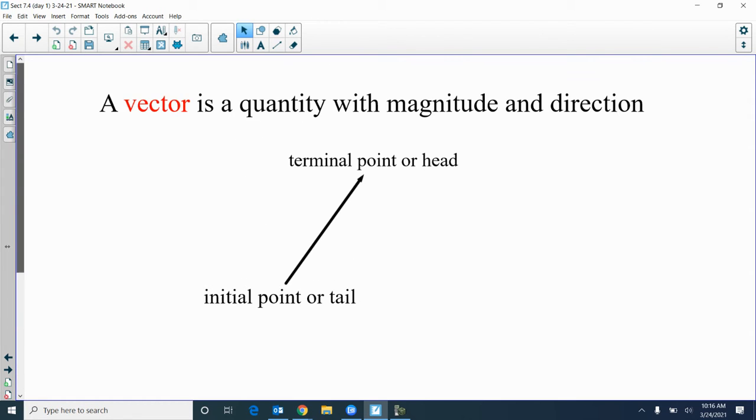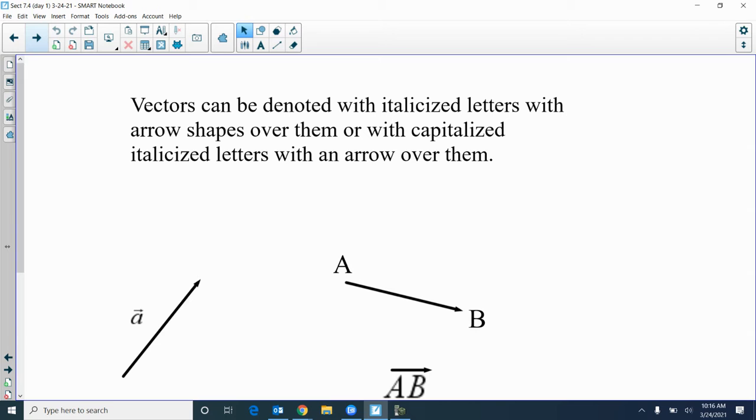All right, denoting vectors. You can talk about them with italicized letters with arrow shapes over them. So like here, you've got A, or capitalized letters, which indicate the first point, the starting point, the initial point, and then you get the terminal point with an arrow over that. The arrow does not indicate what direction it's going, okay?